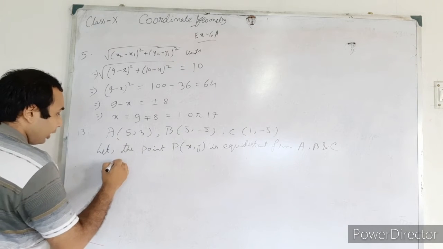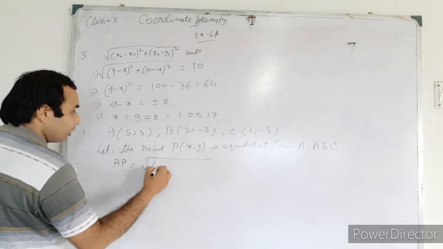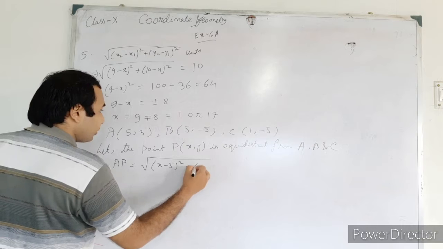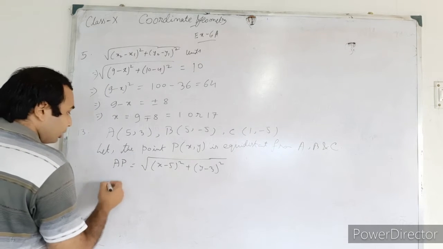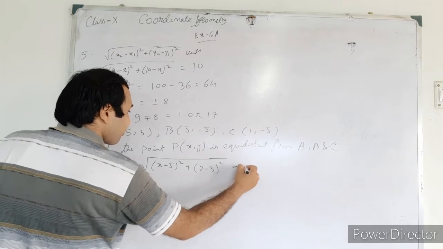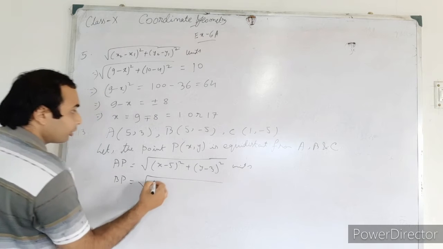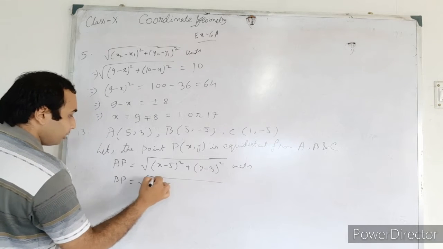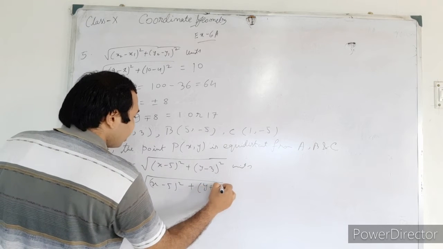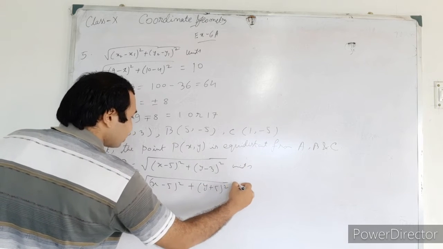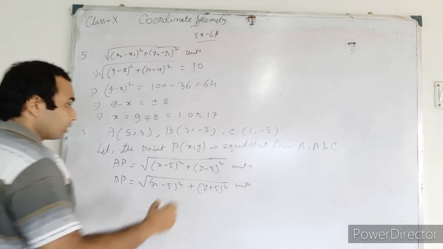First of all, AP equals root over (x minus 5) whole square plus (y minus 3) whole square units. BP equals root over (x minus 5) whole square plus (y plus 5) whole square units. Let us equate those two at first.